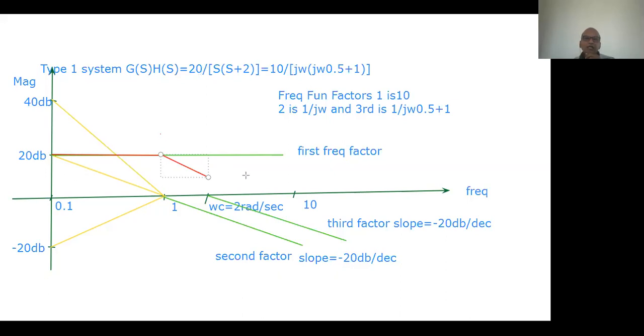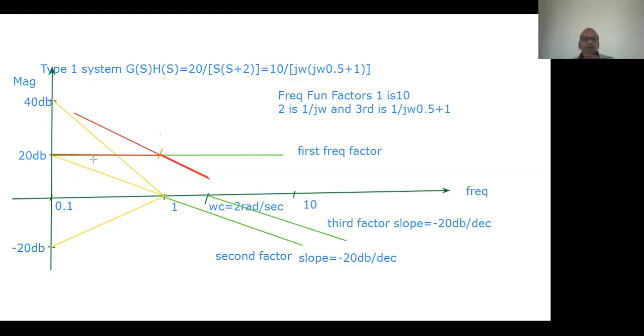These two lines intersect here and pass through this point. Then what is the next?